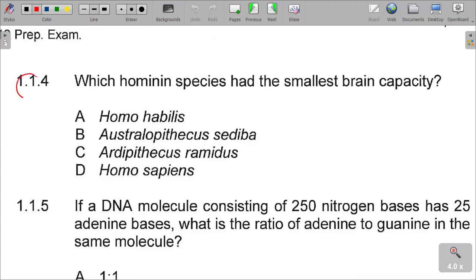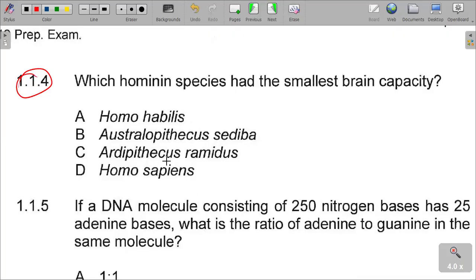Question 1.1.4. In this case, we have Homo habilis, Australopithecus sediba, and Homo sapiens. You group them in regard to the one that came first.